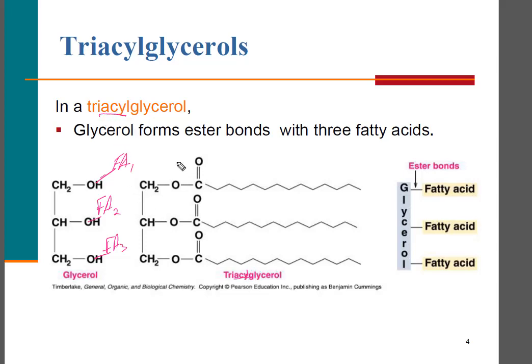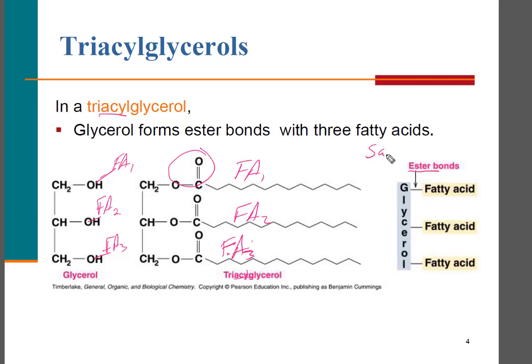This acyl is just like another name for an ester, essentially. This ester group is like an acyl group. So we have simply fatty acid 1, fatty acid 2, fatty acid 3, esterified to glycerol. We have a triacylglycerol. So in cartoon form, we have the glycerol backbone, 3 fatty acids, and again, these are ester bonds.